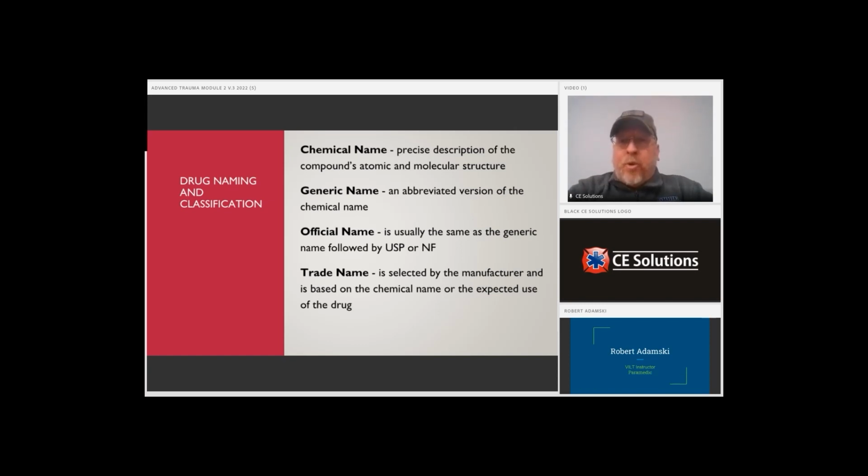That's usually a shortened or abbreviated version of the chemical name. The third name, which is the one a lot of people use, is the official name, which is usually the same as the generic name followed by the letters USP or NF. And then finally, the most commonly used name is the trade name. That's the one used by the manufacturer, whoever made the drug.